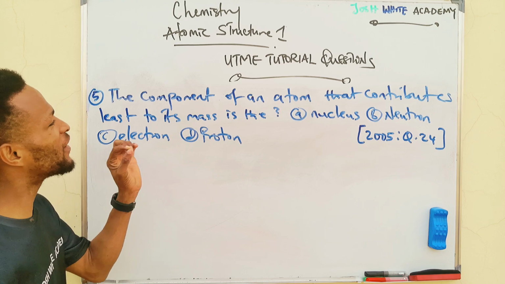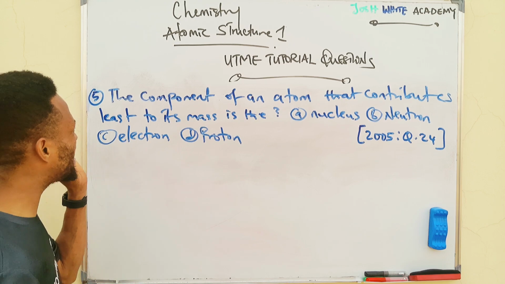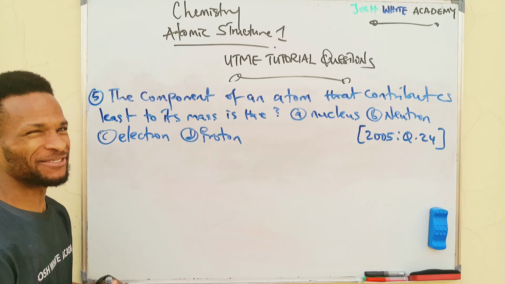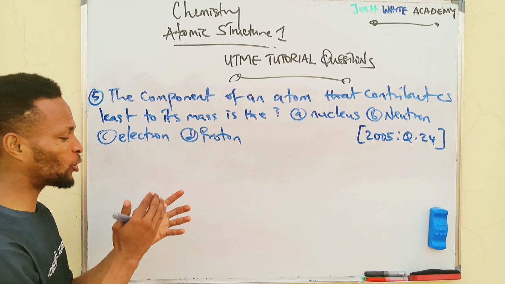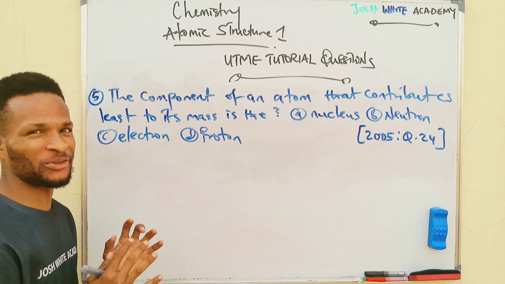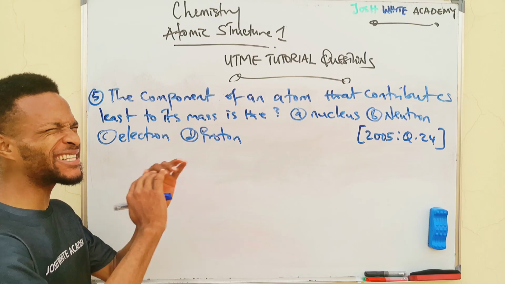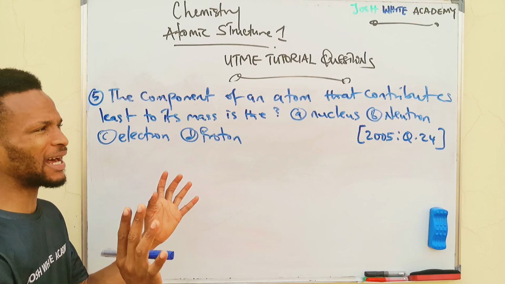The component of an atom that contributes least to its mass is... Remember we said this, in the three subatomic particles, proton, electron, and neutron. Electron contributes least to the mass of an atom.